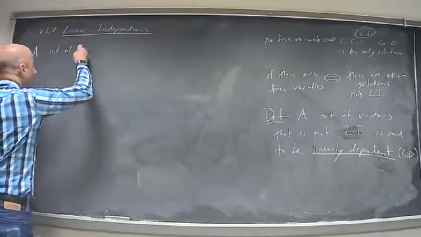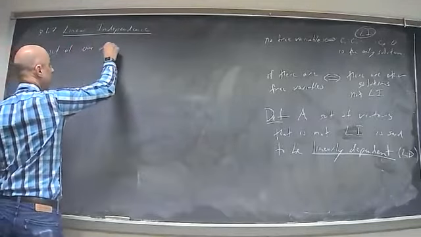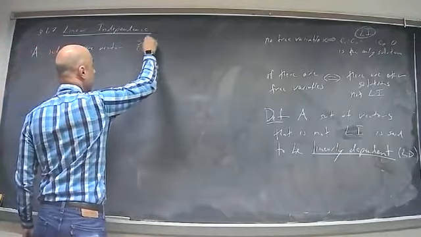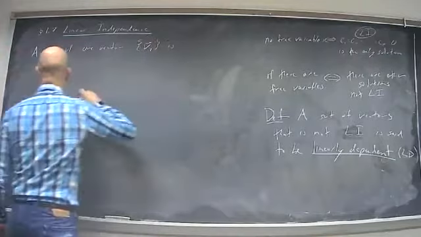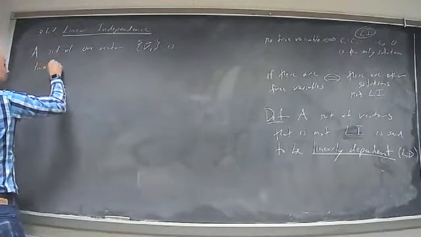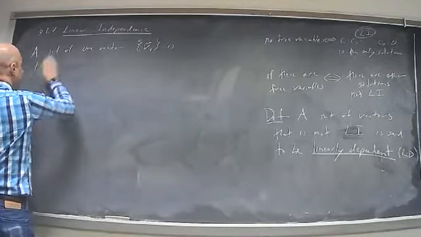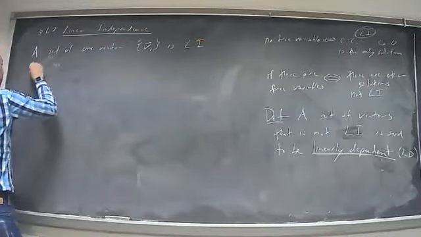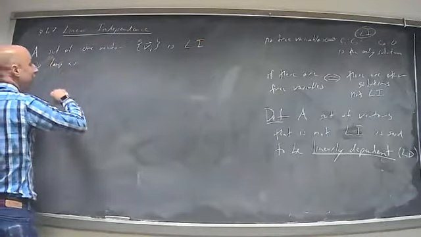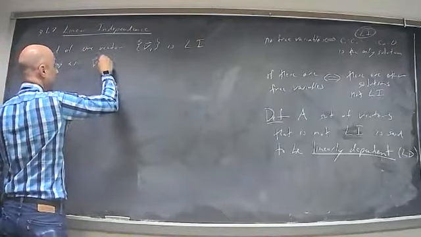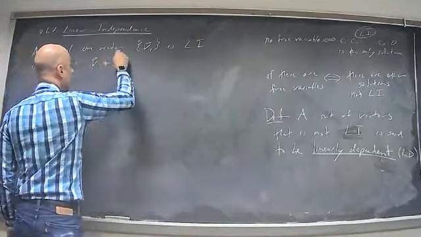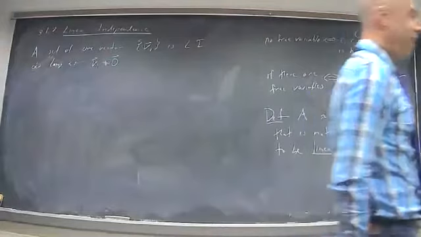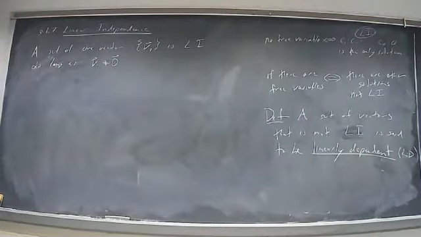A set of one vector is linearly independent as long as the vector is not the zero vector. If it is the zero vector, you can put anything in front of it and multiply it by whatever number you want, and you still have zero.